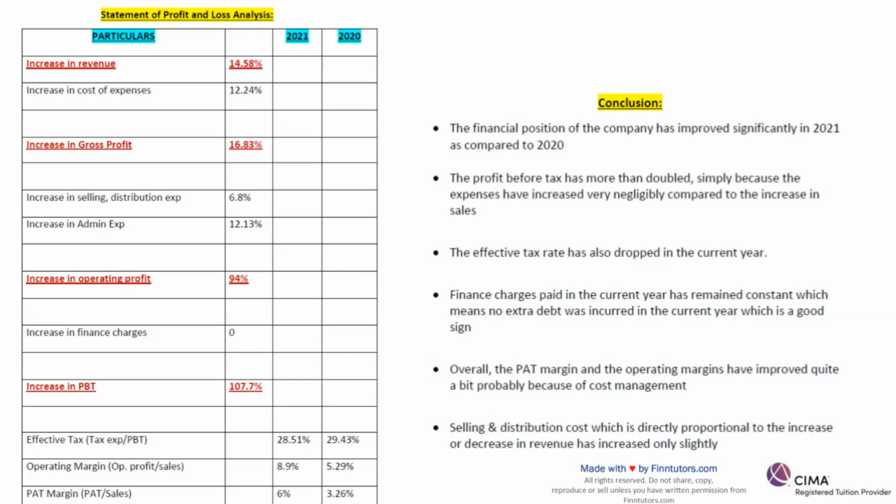Your gross profit went up by 16.83%. Selling and distribution expenses went up, admin expenses went up, but our operating profit almost doubled, went up by almost 100%. Exact figure is 94%. Finance charges, no increase. Increase in profit before tax is 107.7%. You can see that the numbers are very positive for the company.